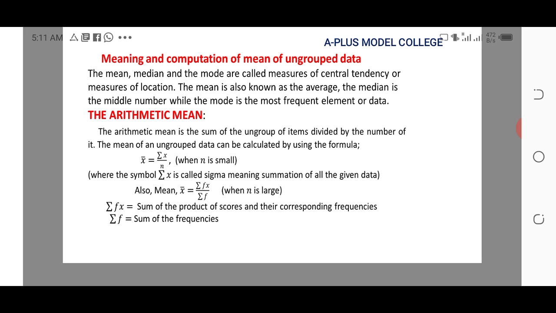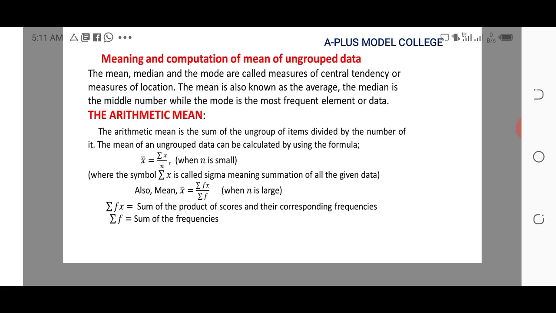When one arranges the data from the lowest to the highest, that is ascending, or from the highest back to the lowest, that is descending, the number that falls in the center, in the middle of the arrangement, is then the median. Don't forget, you must arrange the data, whether ascending or descending, before you can pick the median.